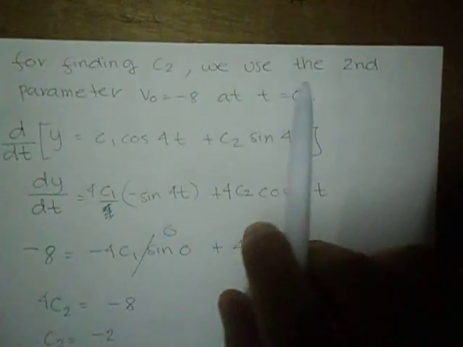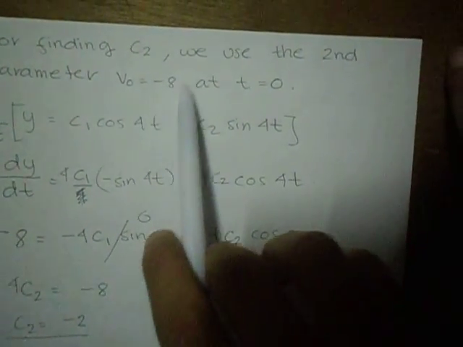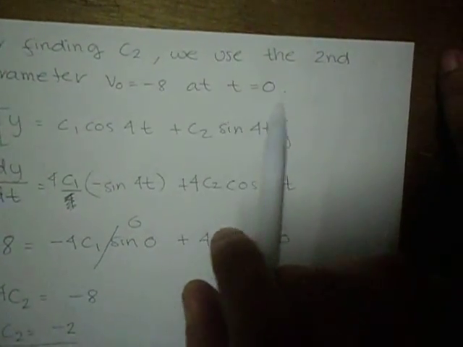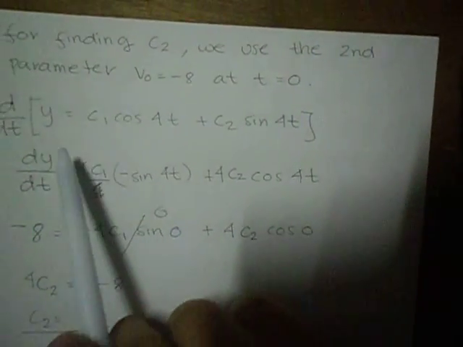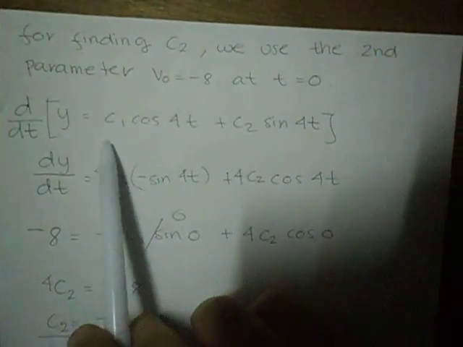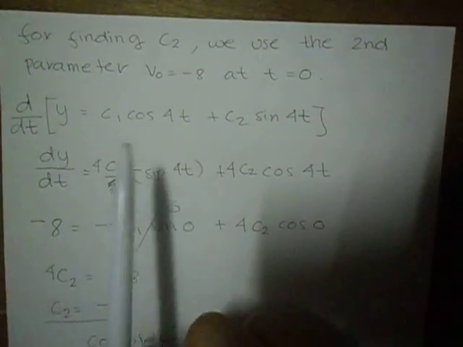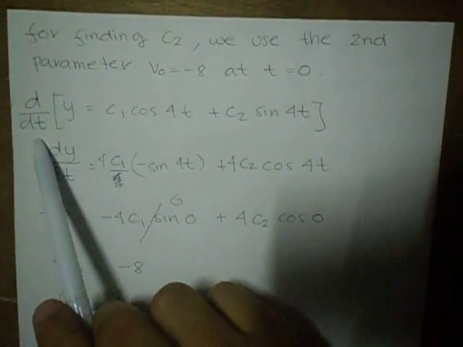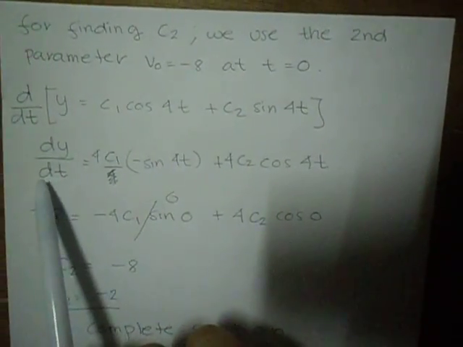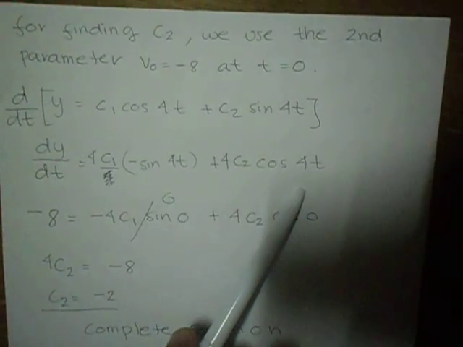And then for finding c2, we use the second parameter v sub o, which is equal to negative 8 feet per second at t is equal to 0. So we can get the velocity when the function y is equal to c1 cosine 4t plus c2 sine 4t is differentiated with respect to time. When we differentiate this function, dy over dt is equal to this function.